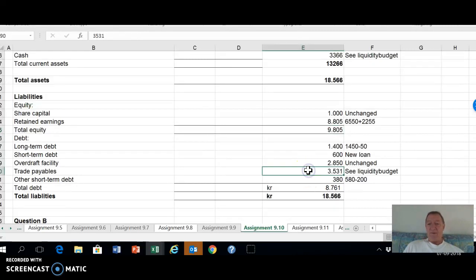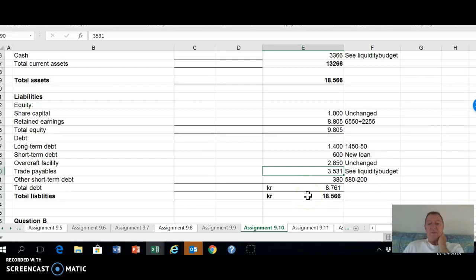Then we have calculated in the liquidity budget our trade payables, and then we have other short-term debt, 380. It was last year 580, but it was reduced by 200. So total liabilities 18,566.